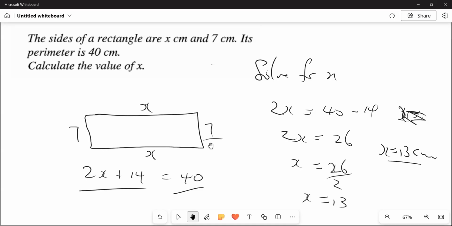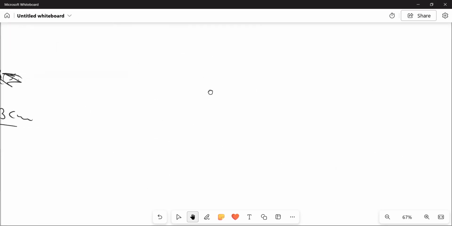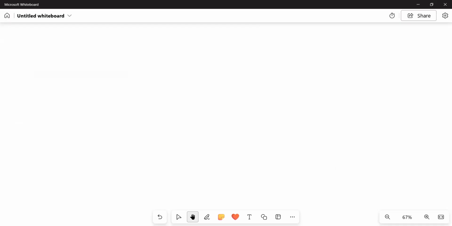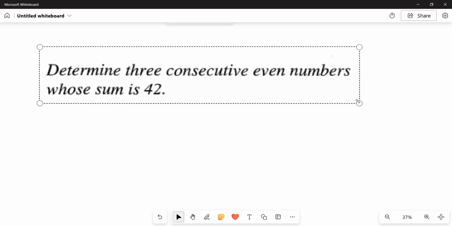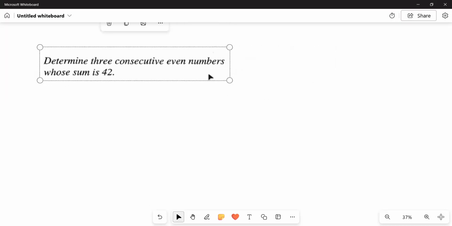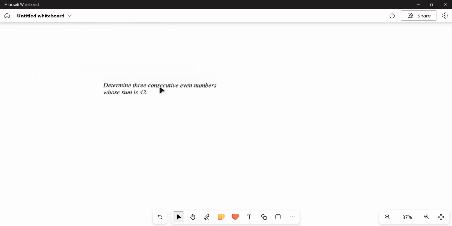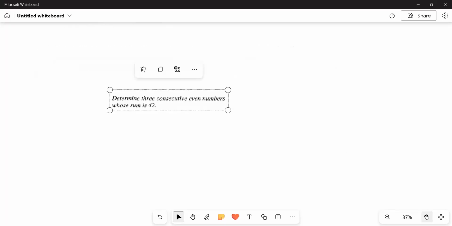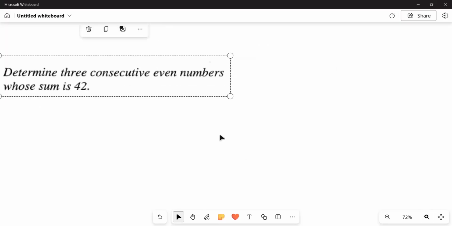This one doesn't lend itself at all to a diagram as such.